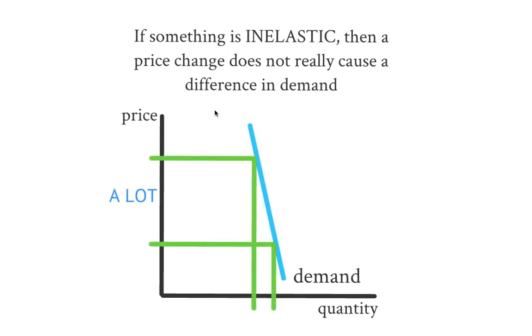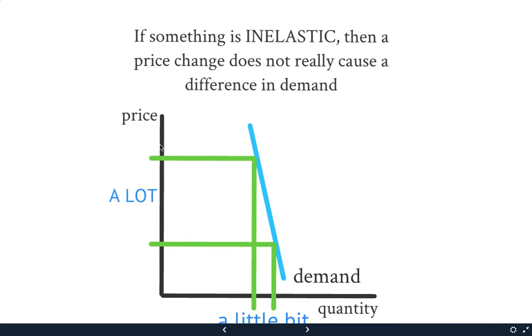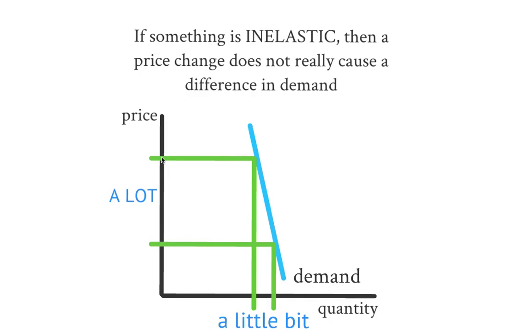You're still going to try and buy it. And so there's things like gasoline, electricity, brain surgery. It doesn't matter if your brain surgery costs $1 or $1 million. If you got to have it to live, you're still going to try and buy it. And that's how it works. The demand is not going to change very much.